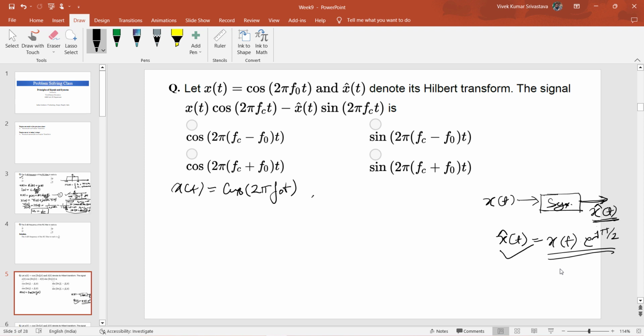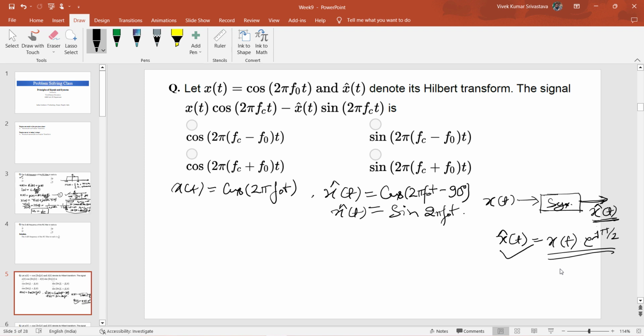Okay, so x prime or say x cap t we can define as cos of 2 pi f naught t minus 90 degrees. So basically we shifted this signal by minus 90 degrees. The phase of this signal is shifted by minus 90 degrees. So from here you will get sine of 2 pi f naught t. Okay, so this is basically the Hilbert transform of cos of 2 pi f naught t.